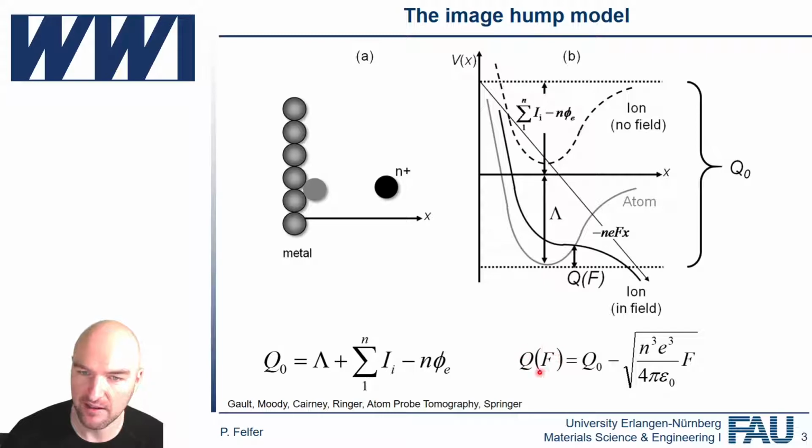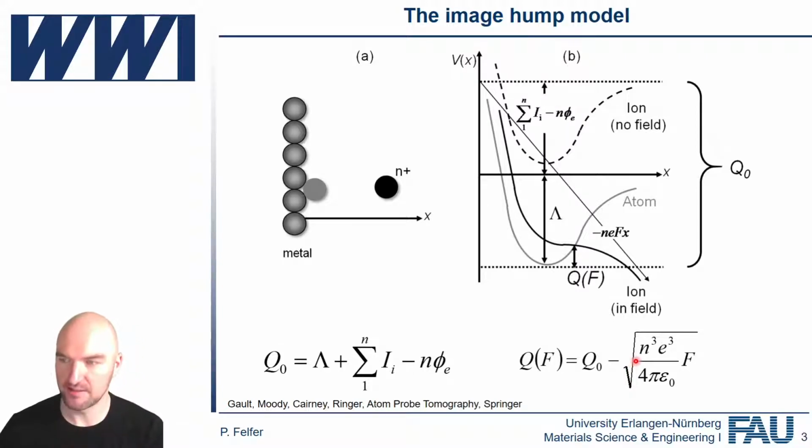And the barrier, depending on the field, is essentially this Q0, all of the energy that I need to make that ion, minus the electric field. And the cool thing here is you see there's no x or anything in there. It's just essentially a look at the energies, which is a very, very simple way of looking at it.